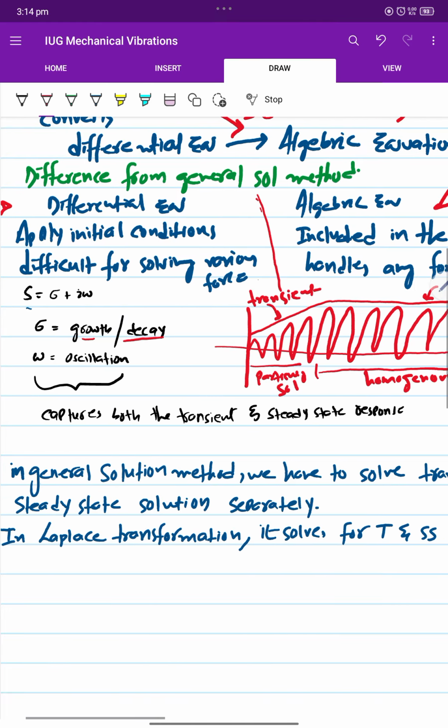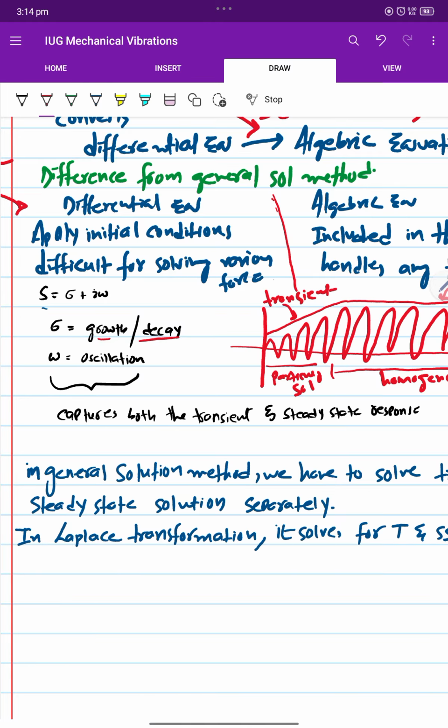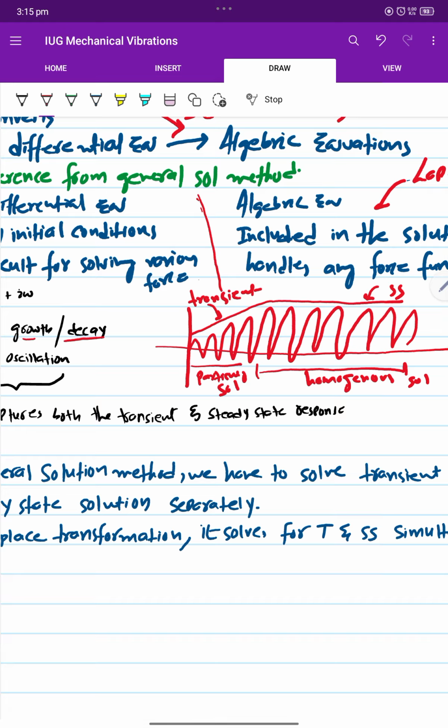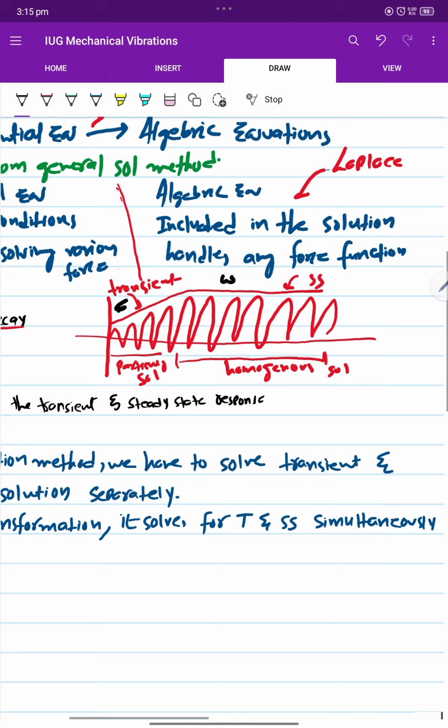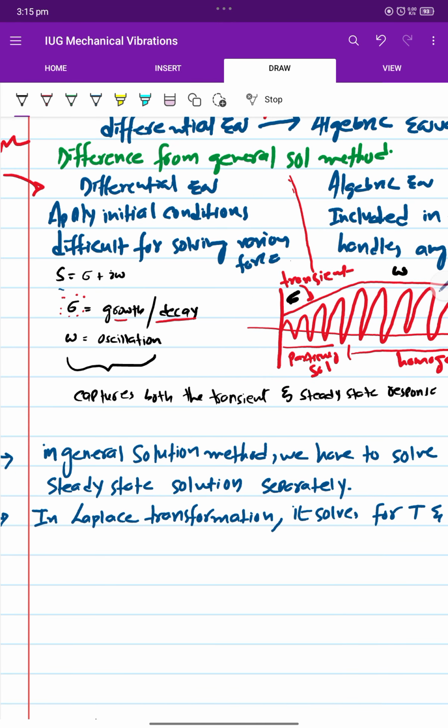But in the Laplace transformation, this growth or decay is represented by the real part sigma, and this oscillation represents the steady state part of the solution. So you see how it captures both the transient and the steady state behavior together in the same solution.